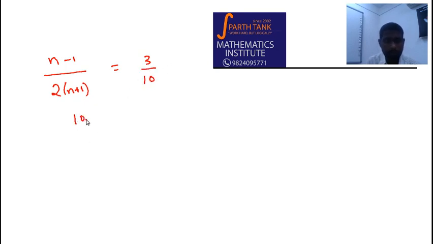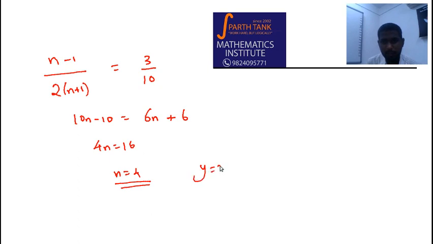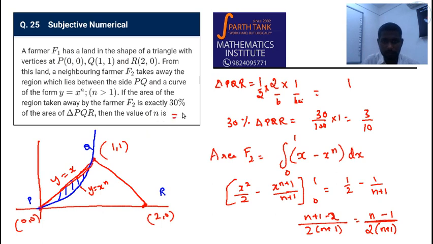This would give me 10n minus 10 is nothing but 6n plus 6, carefully, and 2 into 3 is 6, right? So 4n is 16, n is 4. So that curve should be of the form y is x power 4 if this condition is to be met. So the answer to this problem is n is equal to 4.